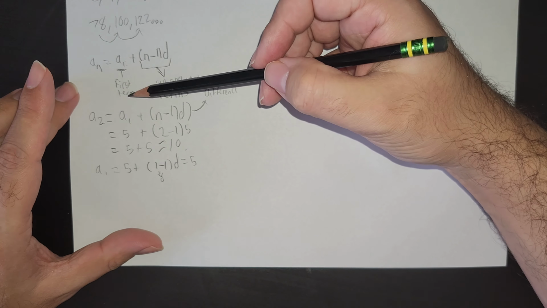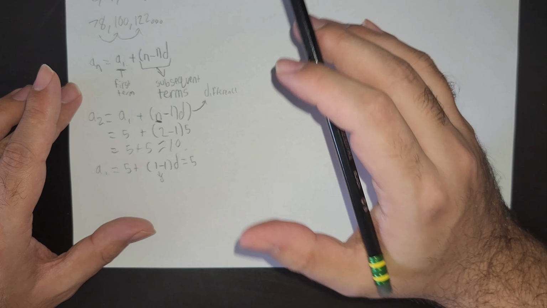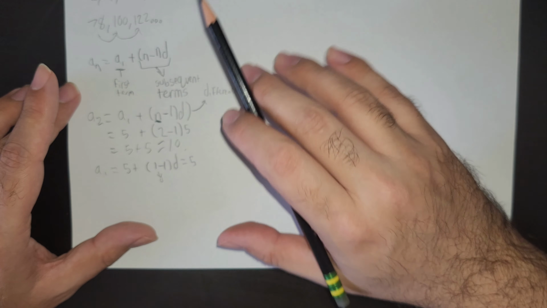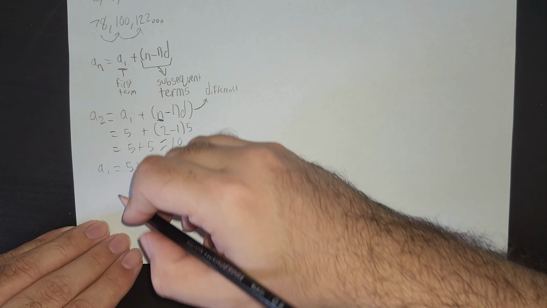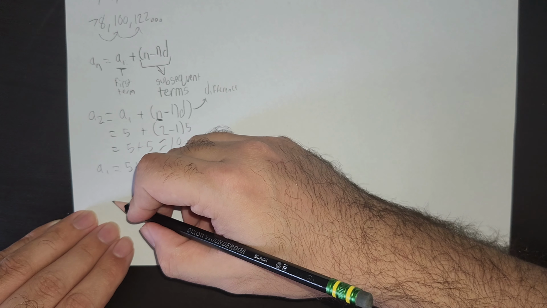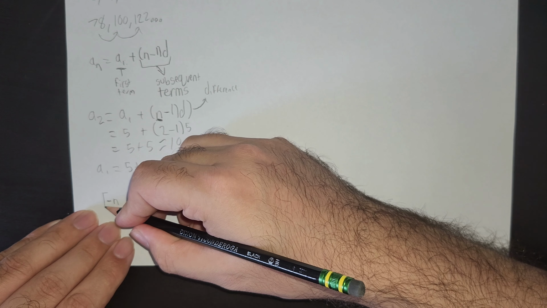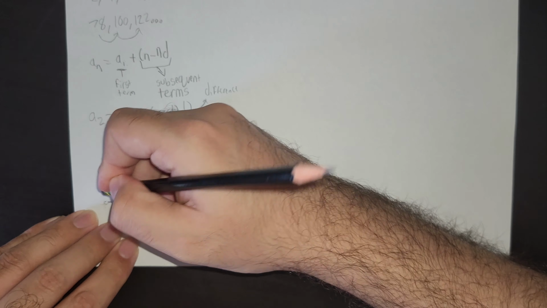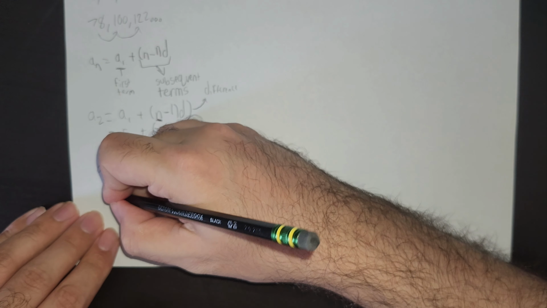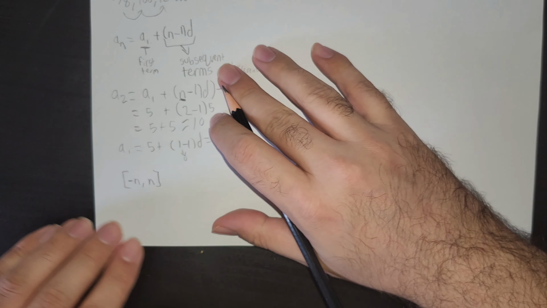So what we have here is, for as long as we have n, we have that many steps. So if we say that we have an arithmetic progression on a scale from negative n to n, right?